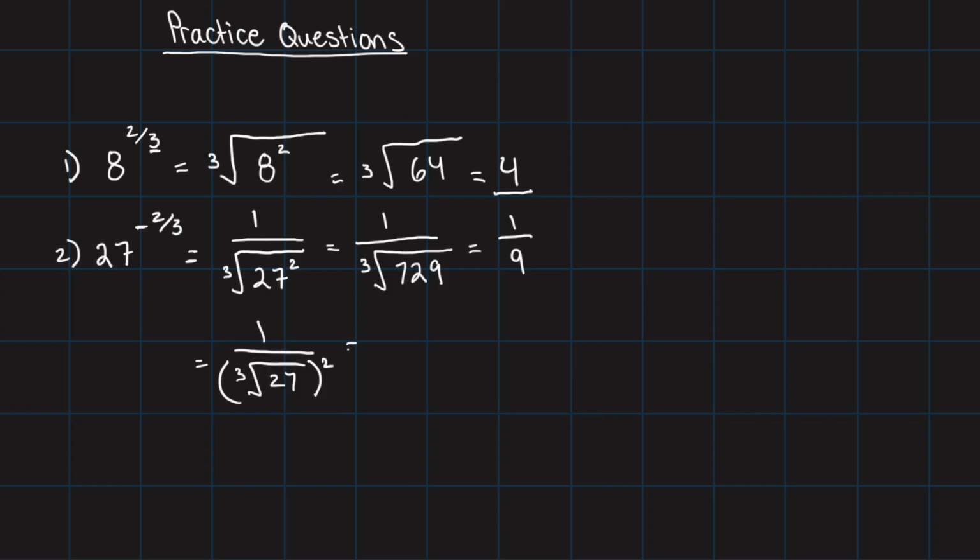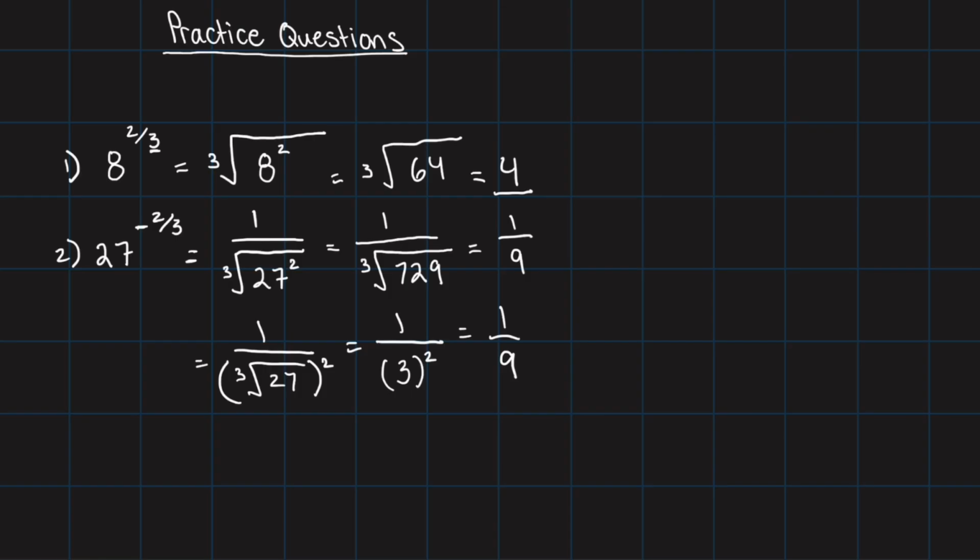So if you found that this was easier, let's say you're like, well, I don't really know what 27 squared is, and I don't really know how I would figure out what the cube root of that is. But you'll see this, and you're like, the cube root of 27 is 3, because 3 times 3 is 9, and 9 times 3 is 27. So you're like, okay, I know what the cube root of 27 is. You could just end up squaring this instead, and it will give you the same answer.